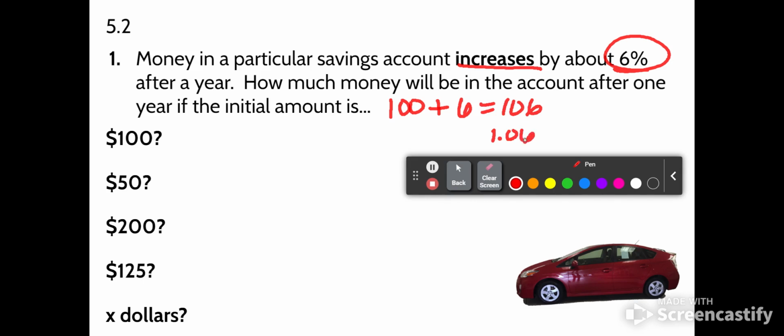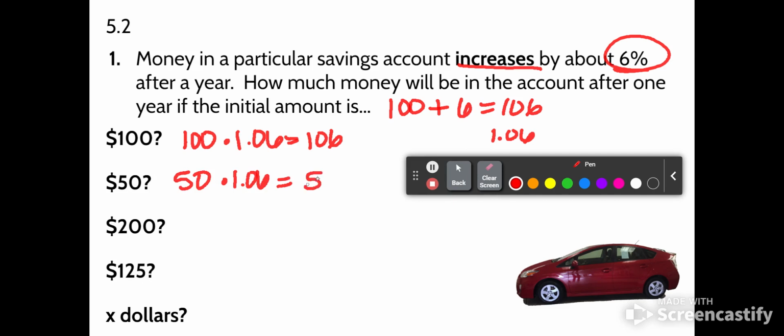So if I'm looking for how much money is going to be in the account, I have 100 times 1.06, which is $106. Here I have 50 times 1.06, which would be $53. I have $200 times 1.06, and that's going to be $212.